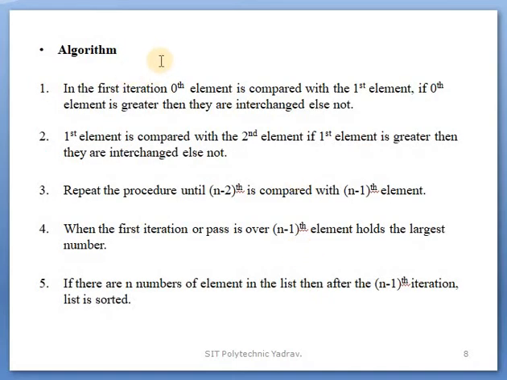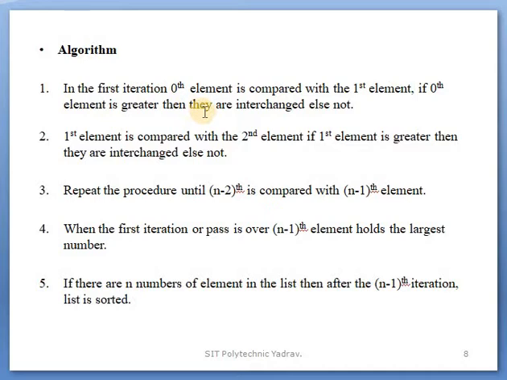What is the algorithm of this sorting method, this bubble sort? First step, study the algorithm carefully. After that, study how the bubble sort technique works. In the first iteration, also known as the pass, the 0th element is compared with the first element.